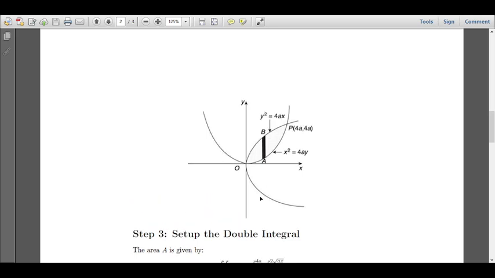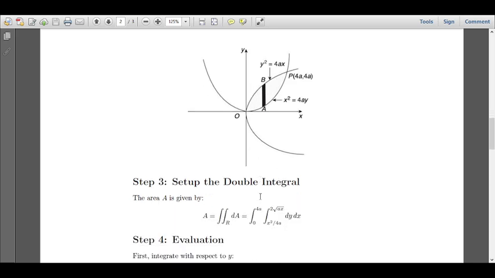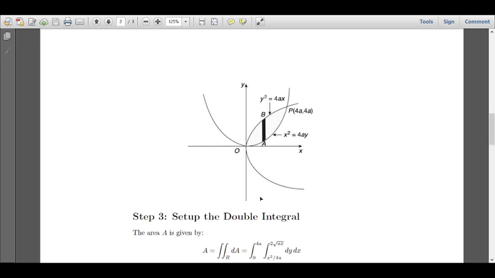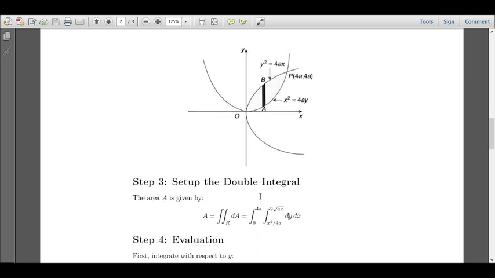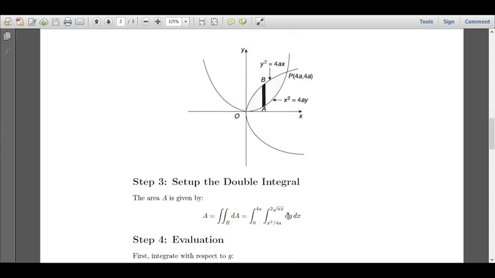Next we want the limits of the double integral. Since the area formula is A equal to the double integral over the region of dA, equal to double integral dy dx, I am taking the order of integration first with respect to y, next with respect to x.